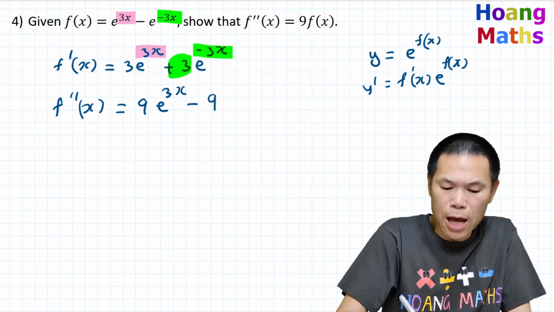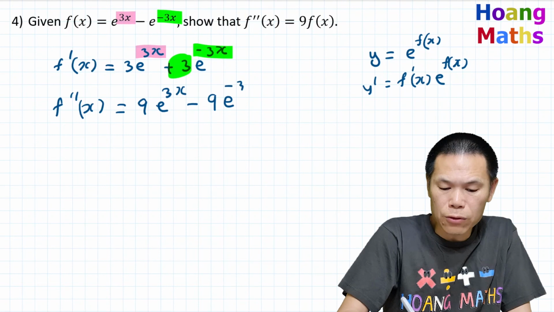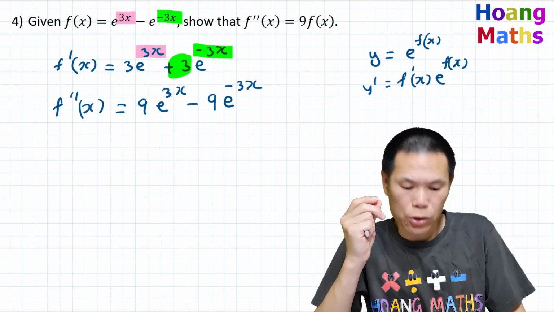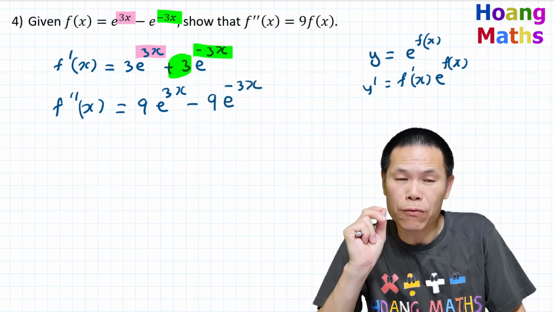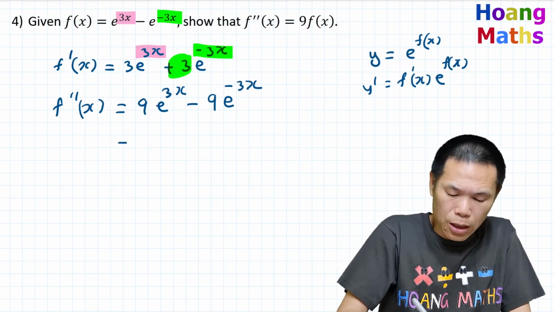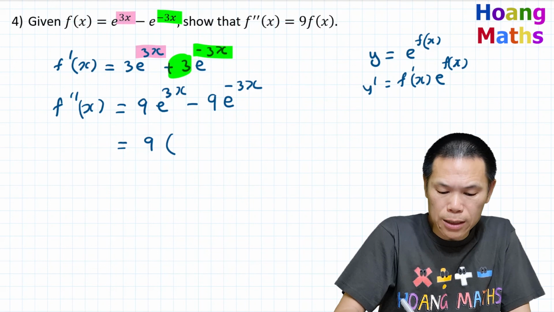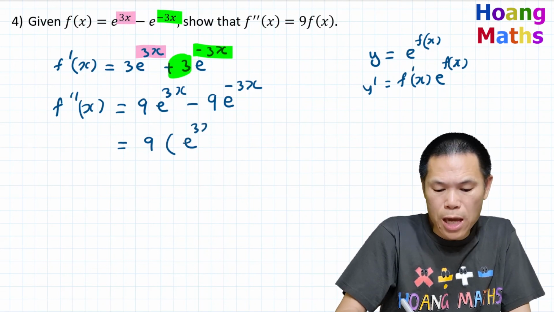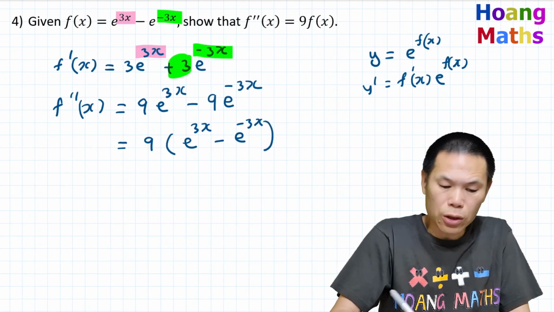So minus 9 e to the negative 3x. So there you go. So now what I do, I take out the common factor, that is 9. If I take the 9 out, that becomes 9 brackets e to the 3x minus e to the negative 3x. So there you go.